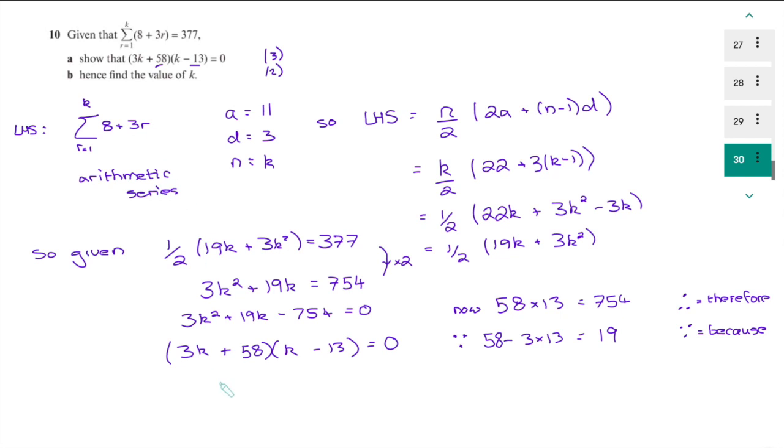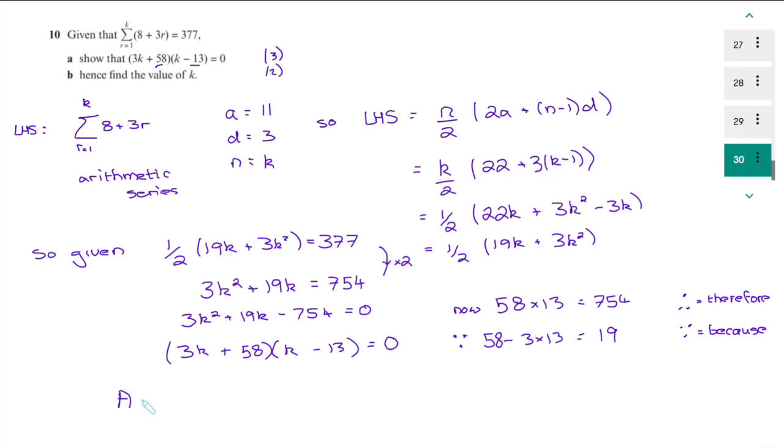Find the value of k. Okay, so normally in a quadratic, what would you do? You say, I've got two things multiplied together by 0, so either this is 0 or this is 0. Okay, so you can do that, but it says the value of k. So let's think about it. When we see an expression like this, r equals 1 to k, we know k has got to be one of the natural numbers.